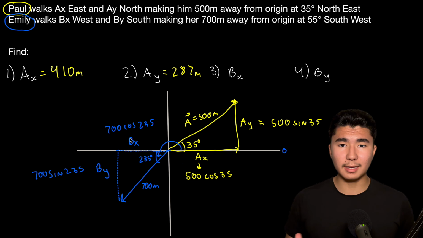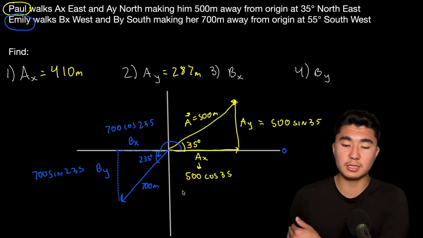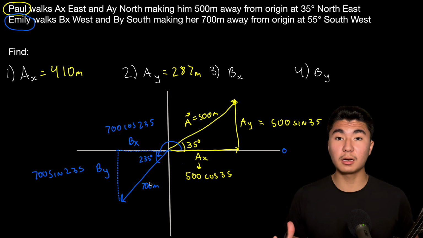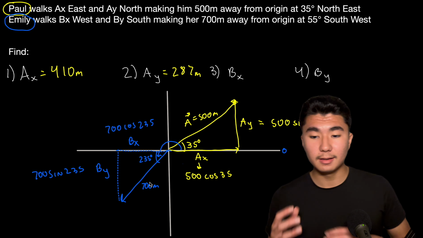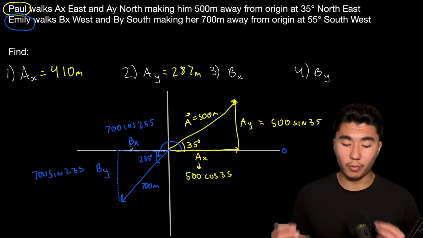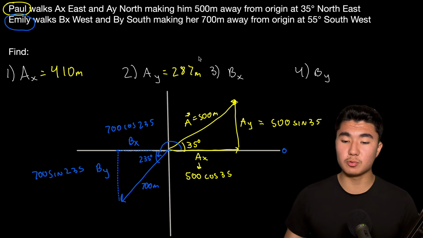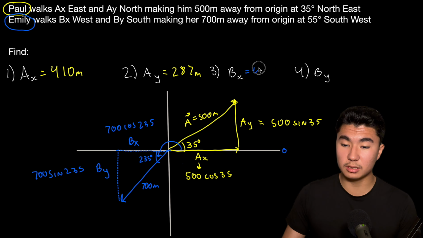You could forget about that negative sign because we're looking at distance. We're not looking at displacement, because if we were, and we were corresponding to 500 as positive, we would say this would be negative. But you can forget all that because we're looking at the distance of BX, which is just west. Emily has walked 402 meters west, so our BX is going to be 402 meters.